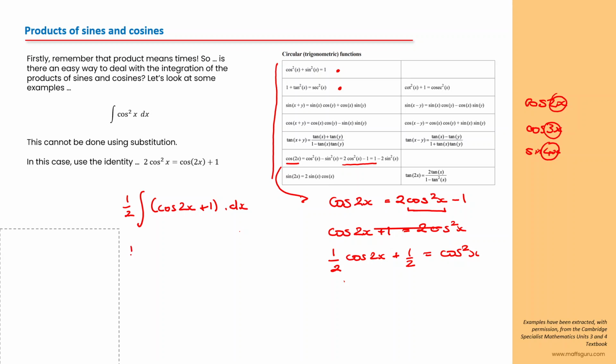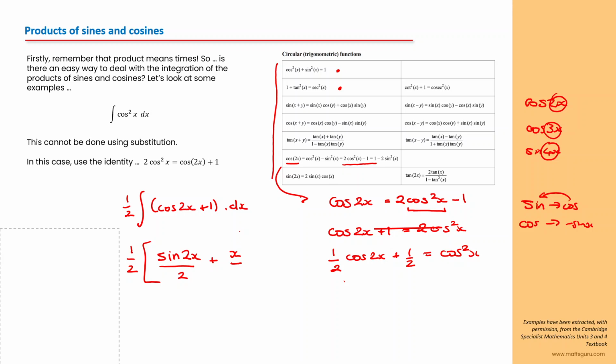Okay, so in which case I'm going to get a half cos 2x. So sine goes to cos goes to minus sine when I differentiate, and I always remember them backwards, so cos is going to go to sine. So that's going to become sine 2x on 2 plus a half will become x.